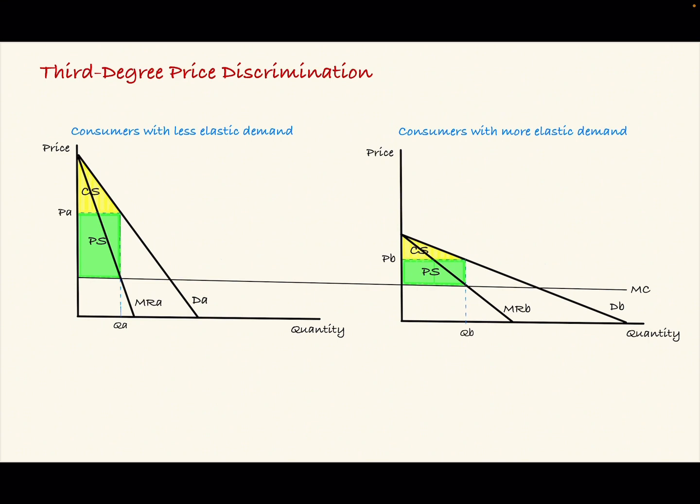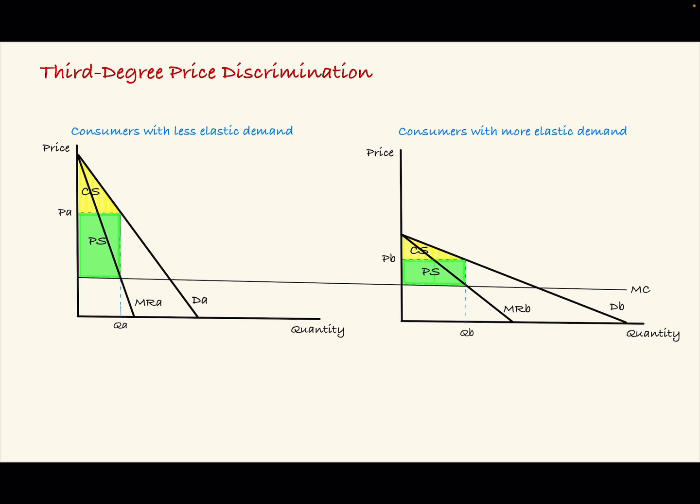For consumers with less elastic demand, the price consumers pay is PA, which is why consumer surplus is bounded above by the demand curve DA and below by the market equilibrium price of PA. Now remember that marginal cost also equals supply.